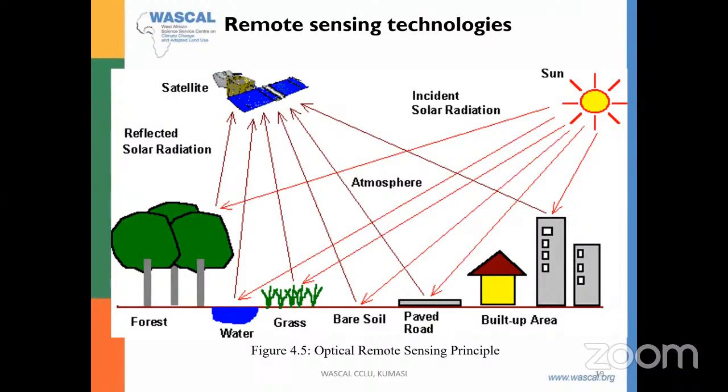Once the sun radiates this electromagnetic energy, and it reaches through the atmosphere to the surface of the Earth, different features on the Earth react differently to this energy. So when it's being sensed, we use different interpretations to classify or analyze the data that we are receiving.